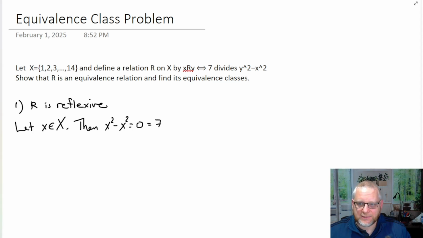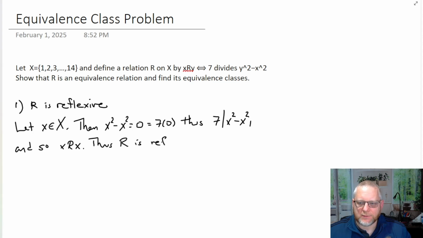Yes, that's 7 times 0. Thus 7 divides x squared minus x squared, and so x is related to x. Thus, R is reflexive. Great, 1/3 of the way there on the equivalence relation.